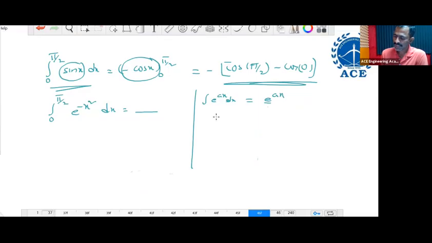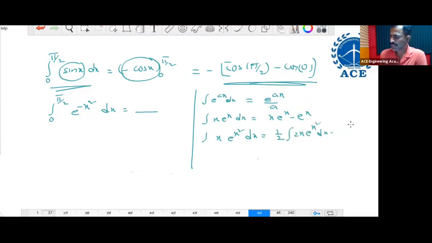The integral of x e power x dx equals x into e power x minus e power x. The integral of x e power x square dx equals 1 by 2 into 2x e power x square dx, which equals 1 by 2 into e power x square. Like that. What is the integral of e power minus x square dx?